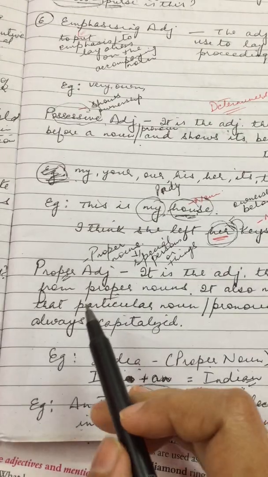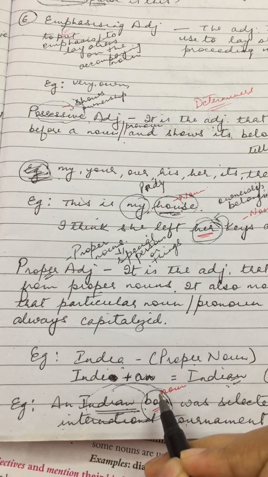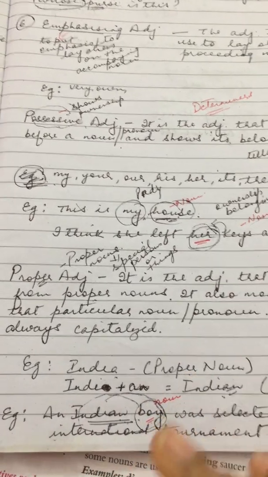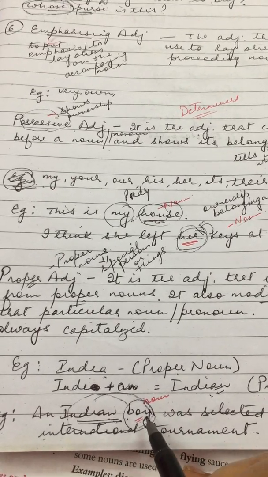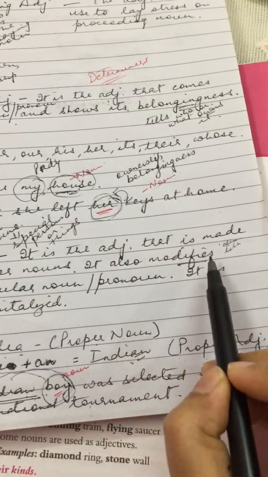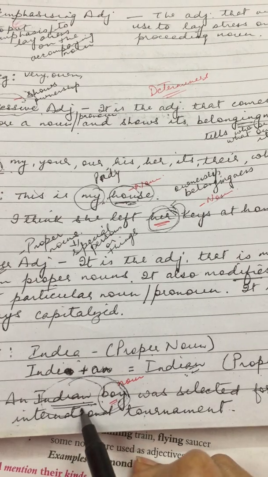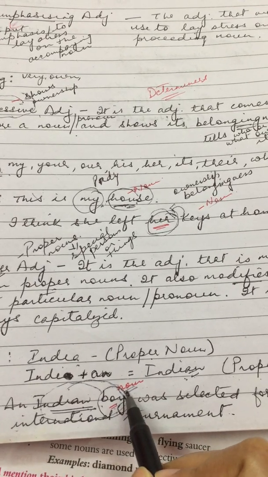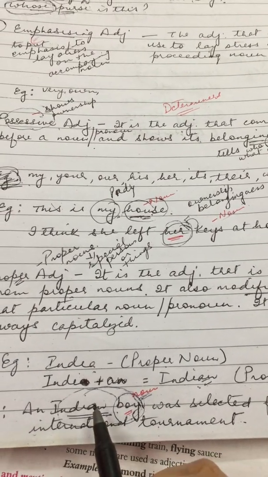Whenever this proper adjective describes a noun, it should be written before the noun to describe it. It also modifies it. It is saying something more about this noun called boy. Which particular boy? Indian boy.